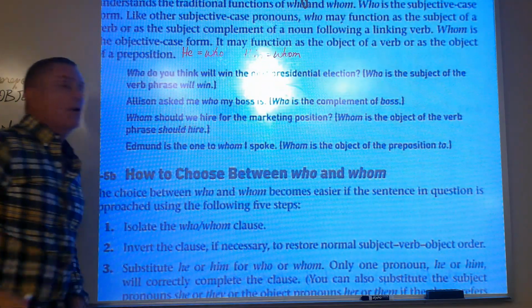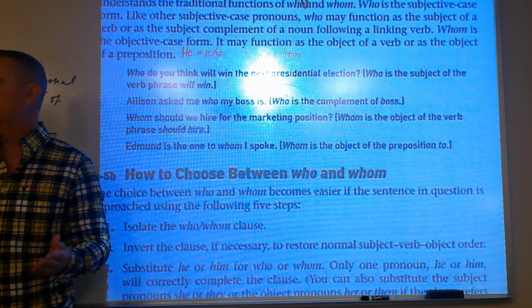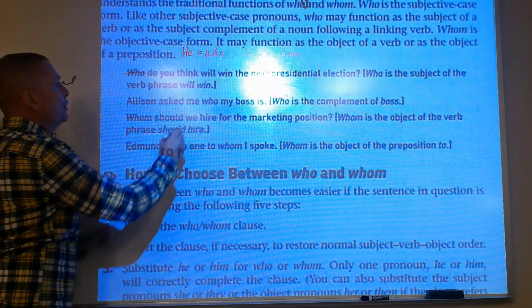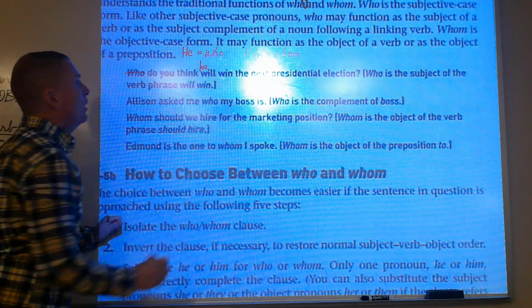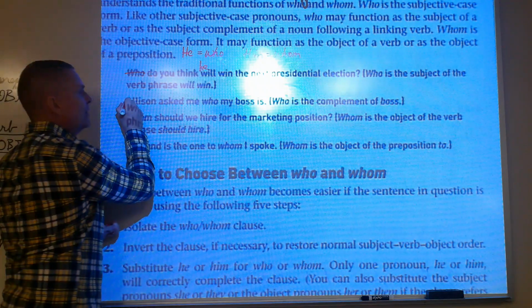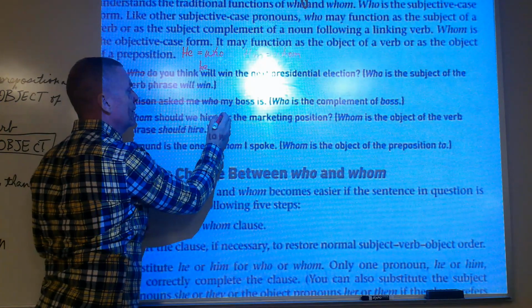The rule is cross out everything up to and including the who and whom. Do you think he will win the next presidential election? Therefore, who do you think will win the next presidential election? Okay, cross out everything up to and including the who and whom.